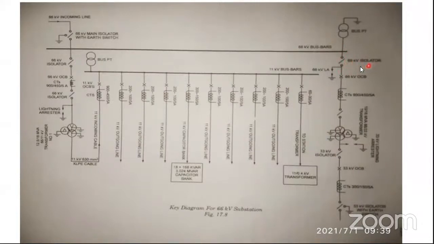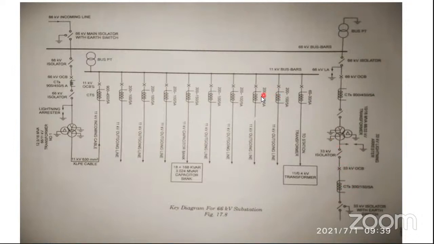A 66 kV isolator followed by a lightning arrestor immediately, then an oil circuit breaker, then a current transformer, again an isolator connected to a transformer. The transformer is properly earthed. The 33 kV output of the transformer is supplied to next level lines.